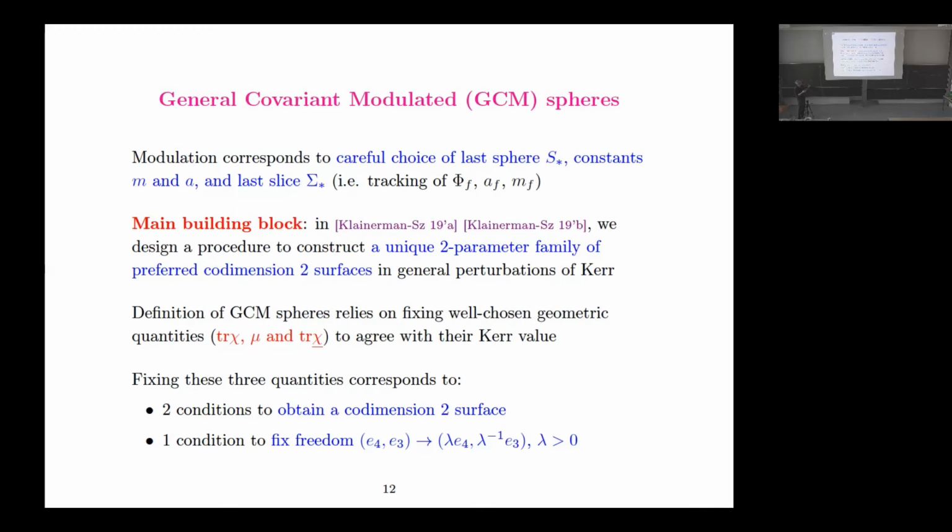For us, it's very important to actually construct codimension 2 surfaces in a 4-dimensional Lorentzian spacetime. You could not first choose a hypersurface and foliate. It's the opposite: the spheres must come before the hypersurface. The hypersurface sigma star will be a concatenation of these spheres, so they should come first, and then you get your hypersurface as a particular concatenation.